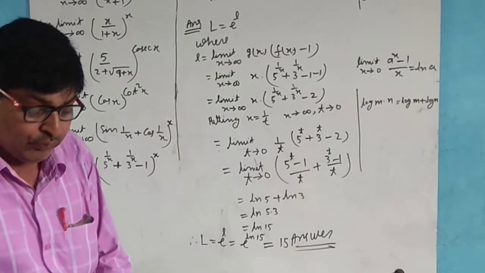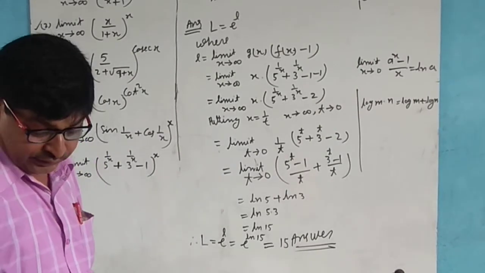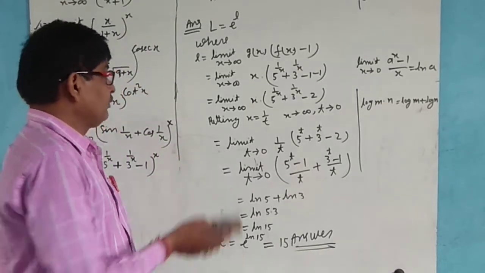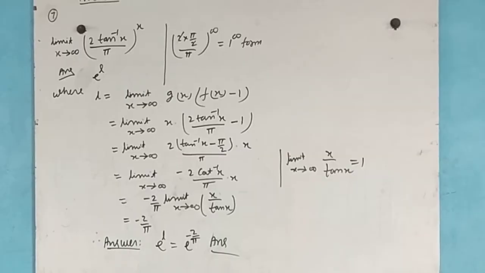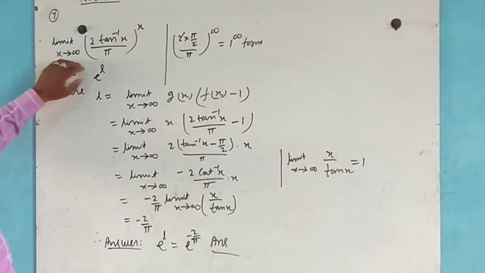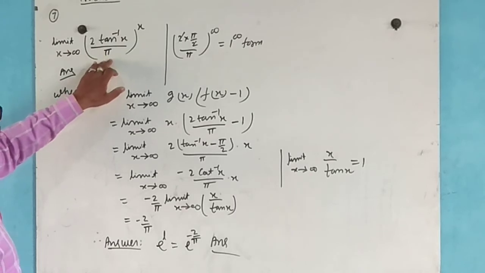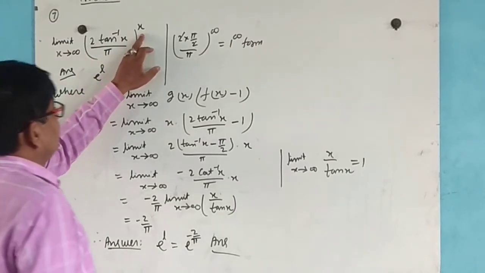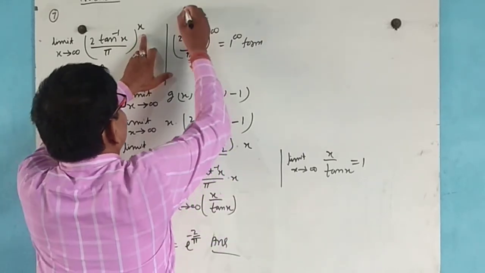Now we take the next problem. Limit x tends to infinity, tan inverse x by pi to the power x. Check the form.